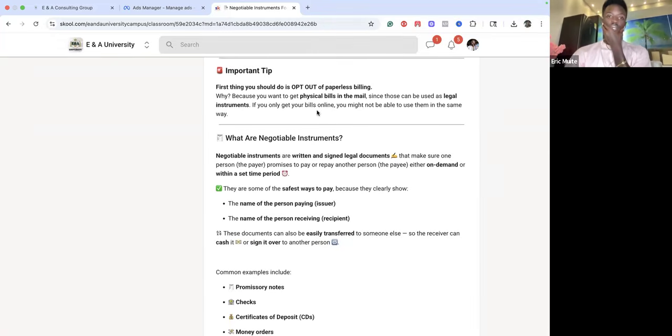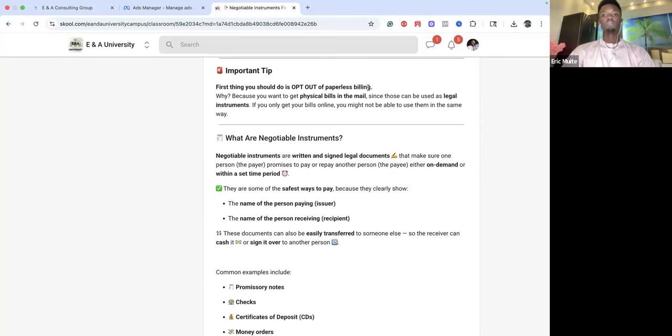Important tips that you guys need to know is when you're dealing with this process, you cannot be opted in to paperless billing. Because if you're opted into paperless billing, you can't take advantage of it. All right. Paperless billing is actually holding you back from being able to endorse these instruments, right?